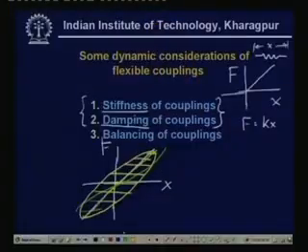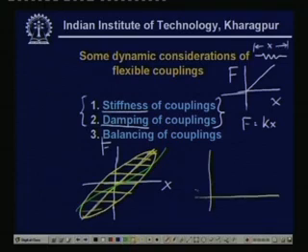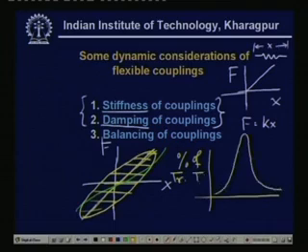Now if a linear spring and linear damping are used, and you find out the percentage of the load transmitted, that is the percentage of transmitted torque, then with damping you get this kind of distribution.